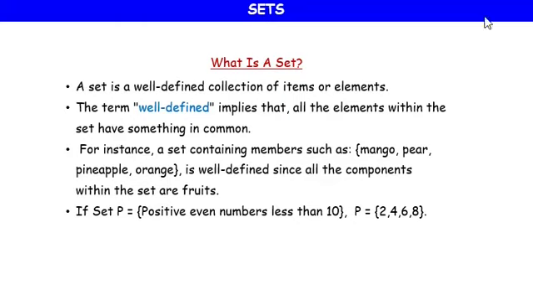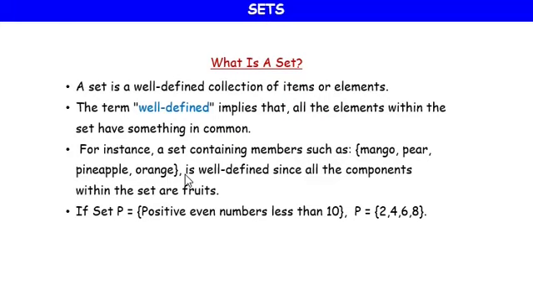Mango is a fruit, pear is a fruit, pineapple is a fruit, orange is also a fruit. Collectively they are all fruits, and that is what makes them well defined. So as long as all the members of the set possess the same characteristic, the same feature, we say it is well defined, and that is what makes it a set.